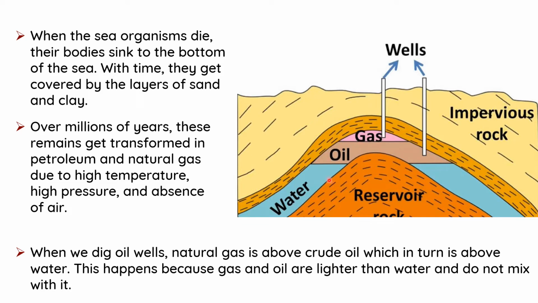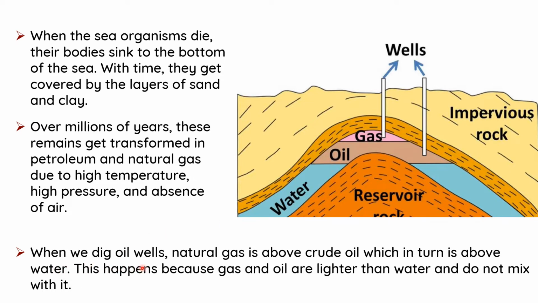Here you can see that under is water, and the next layer is oil, and next is gas. And water and oil do not mix with each other, because you know that oil is always on top of water.